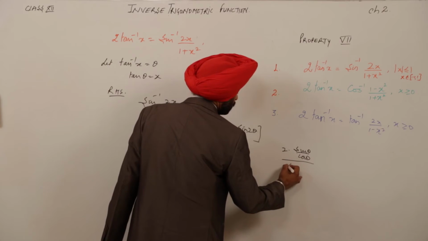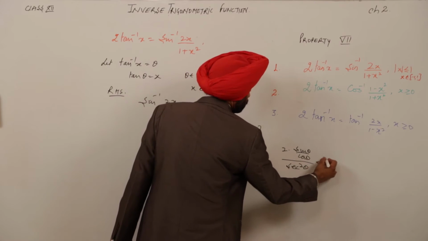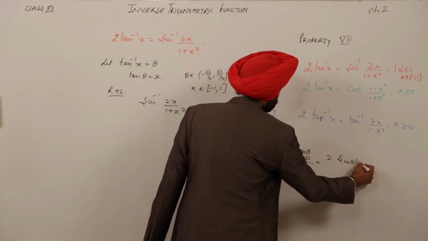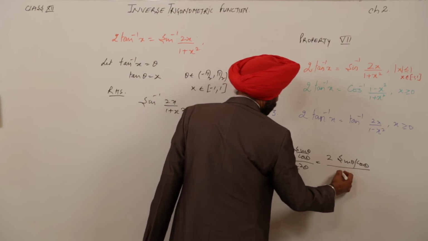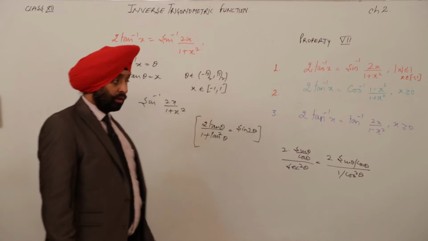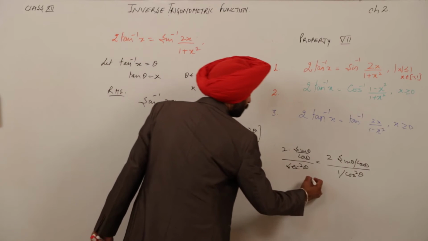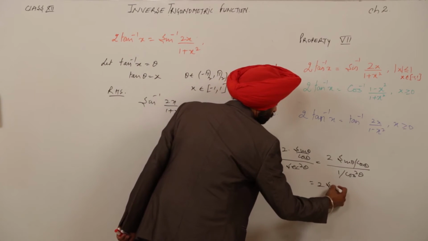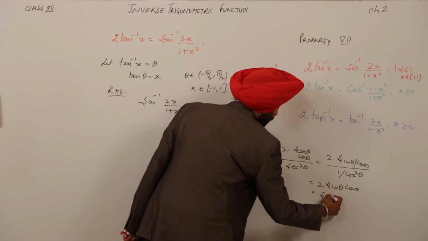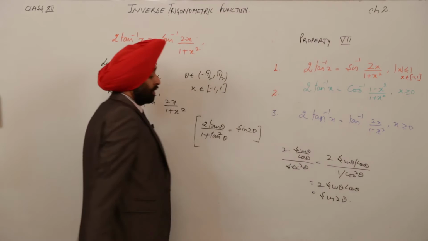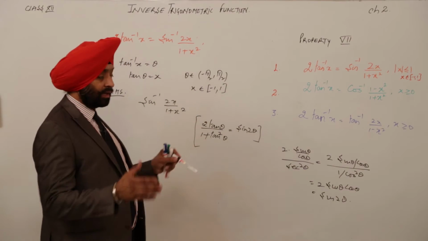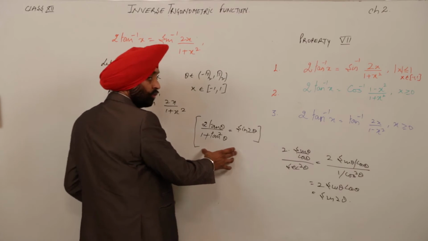Now, this becomes 2 sin theta upon cos theta upon 1 upon cos square theta. After solving, we get 2 sin theta cos theta, and this is equal to sin 2 theta. So, if you forget, you can easily prove that left hand side is equal to right hand side. Is this formula true or not?